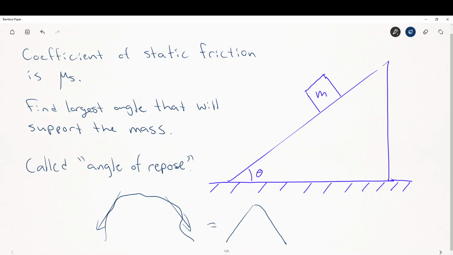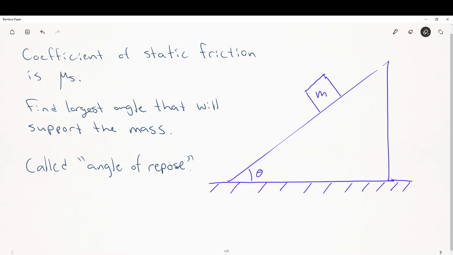And the angle that this mound makes with the ground will be the angle of repose based on the coefficient of static friction between the material and itself. So that is one example where you'll see this manifesting itself in nature.